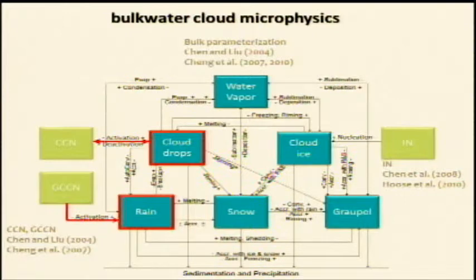But the assumption of size distribution, I think, is the biggest uncertainty in this type of parameterization. They usually assume a gamma-type parameterization, but I'll show you later that it produces a lot of errors. So first, we improve the liquid part and also improve the interaction between cloud drops and raindrops with the small and large aerosols.